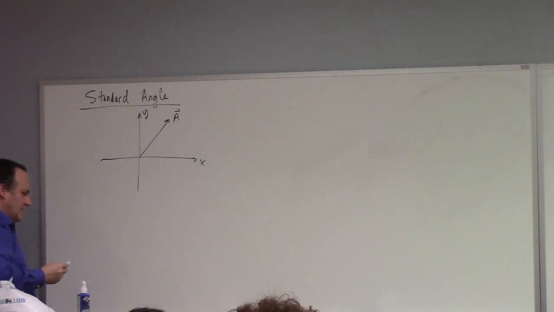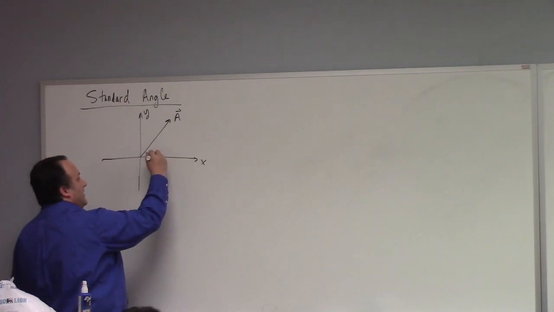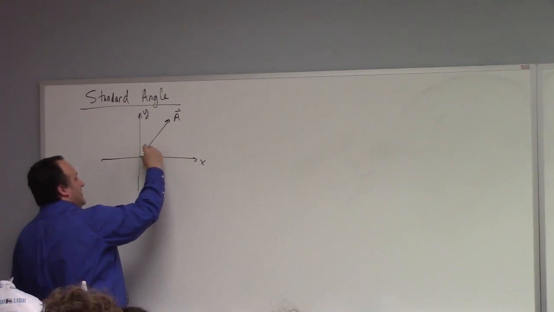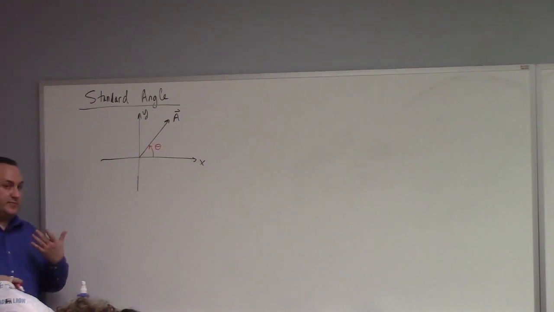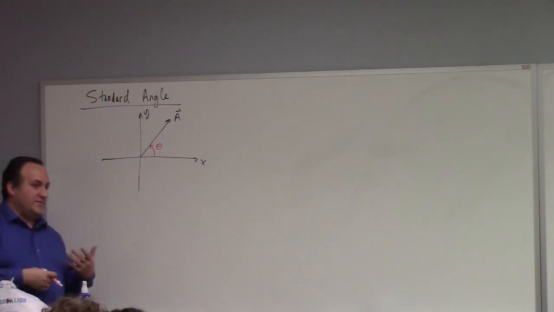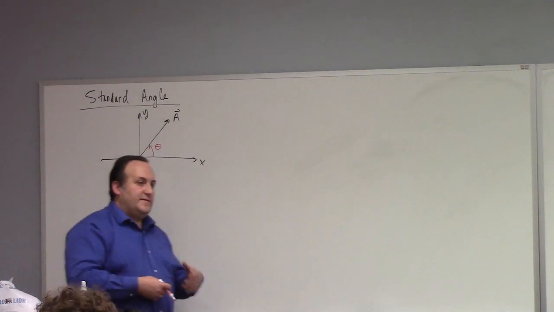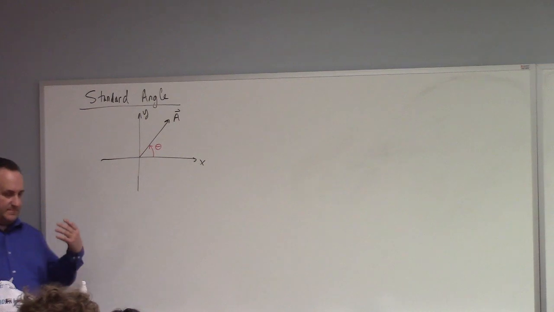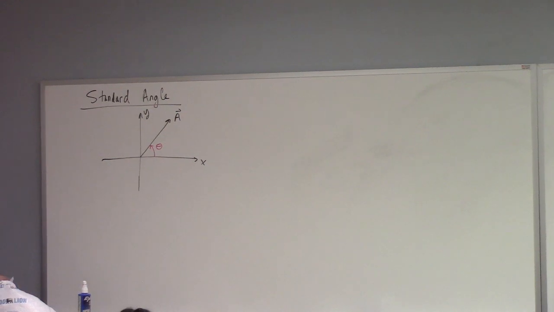Then the standard angle is the counterclockwise angle swept from the positive x-axis. We typically use theta for the standard angle, but beware, we use theta for more general angles. Theta doesn't have to be the standard angle. This notation does not necessarily make it the standard angle. All right, but as I've drawn it, it is the standard angle.